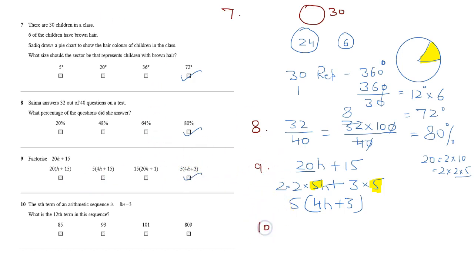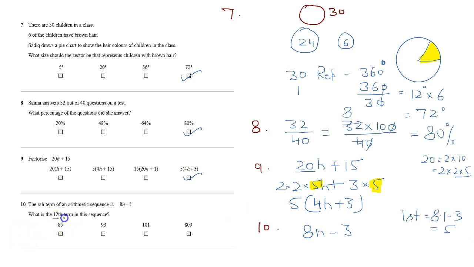Question number 10. The nth term of an arithmetic sequence is 8n minus 3. Means if you want to know the first term, put n is equal to 1. So the first term will be 8 multiply 1 minus 3. 8 times 1 is 8 minus 3 is 5.